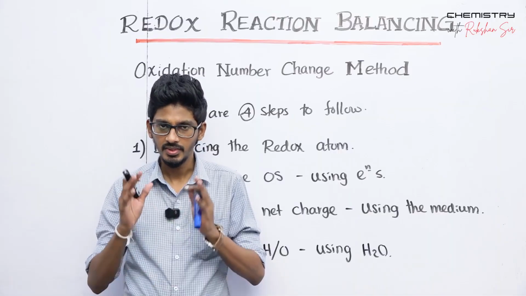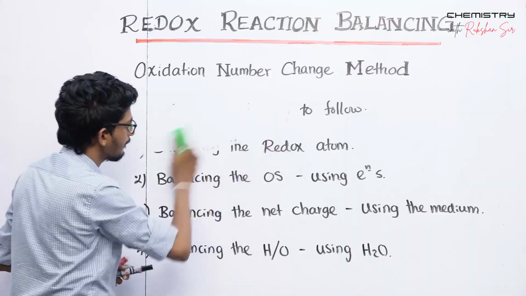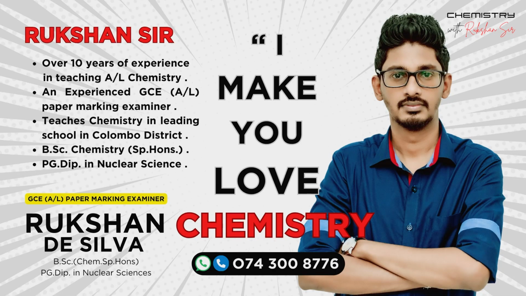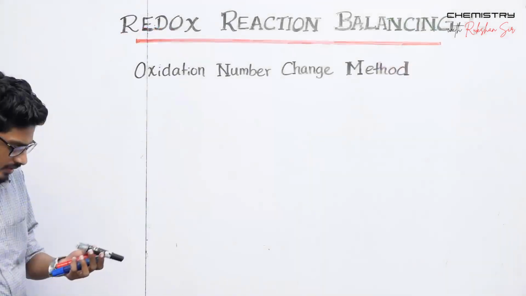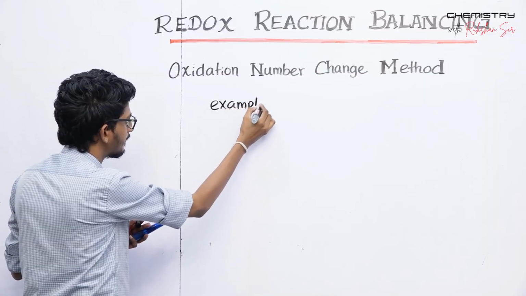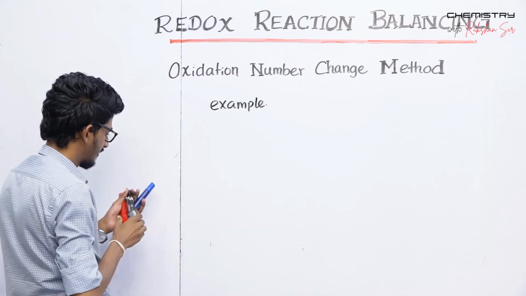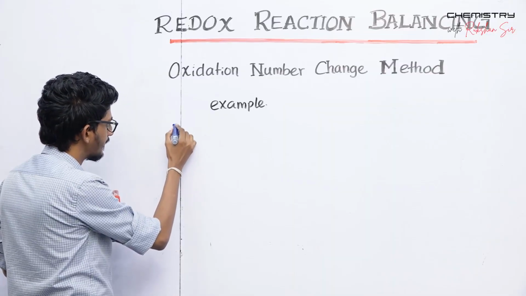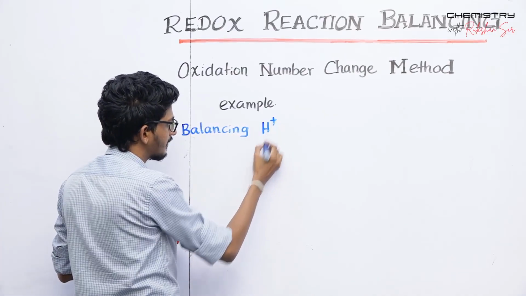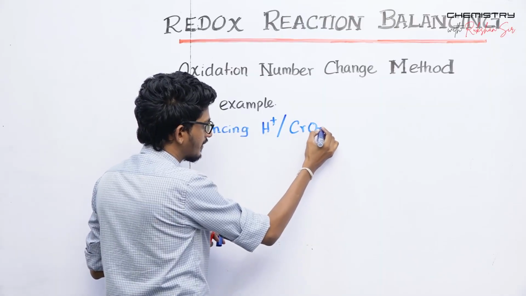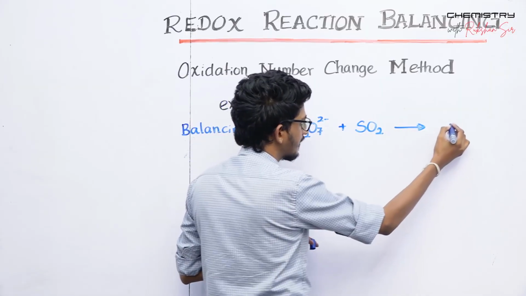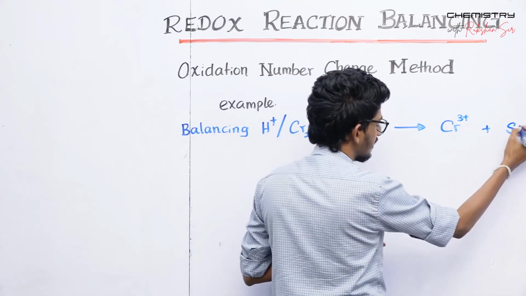Let's come up with an example. Let's try to balance this acidic medium reaction involving dichromate and SO2, which ultimately produce the Cr3 plus ions as well as sulfate ions.